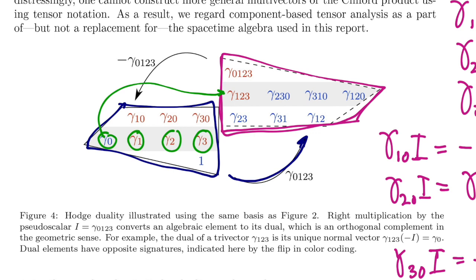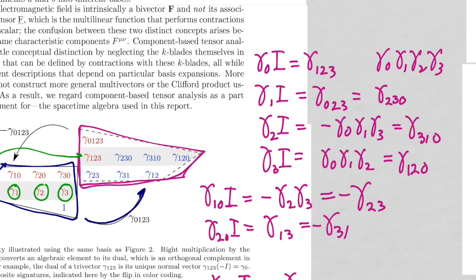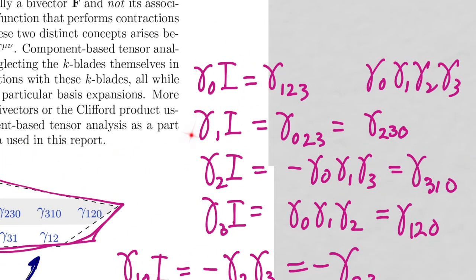So the dual of gamma 0 we know is gamma 1, 2, 3. We just did that calculation. The dual of gamma 1, which I calculated over here, and notice I'm using that language because you see the I on the right, you see a multivector on the left, so I can call this the dual of this multivector. Whenever you see that I, you can just start saying that.